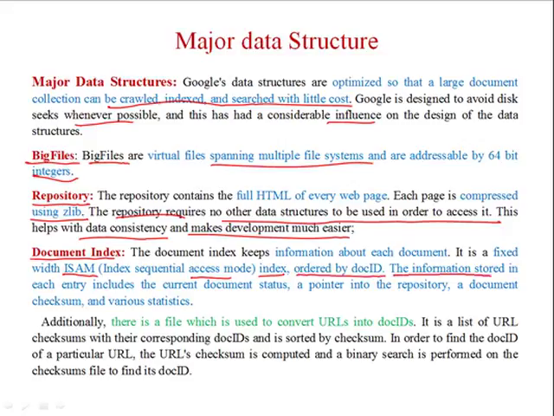The information stored in each entry includes the current document status, a pointer into the repository, a document checksum, and various statistics.